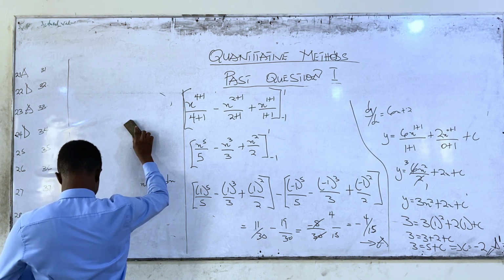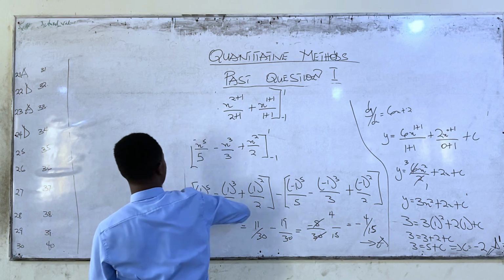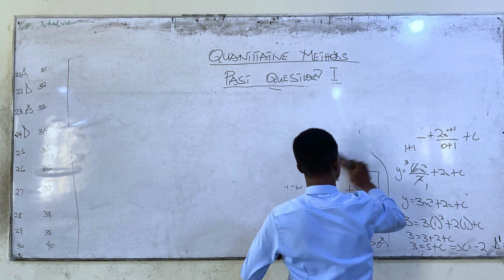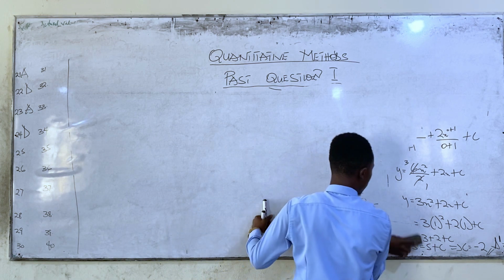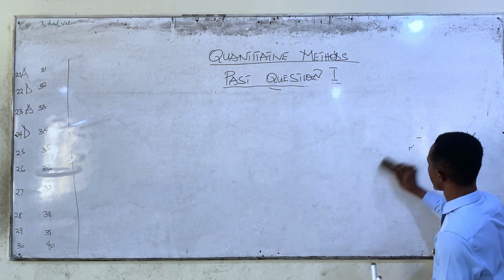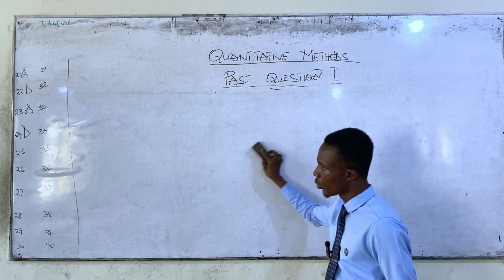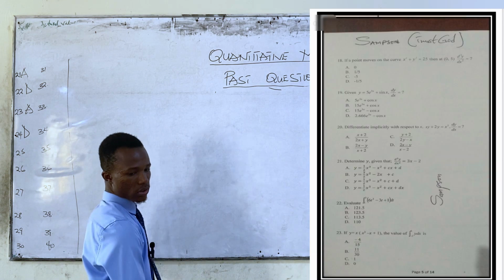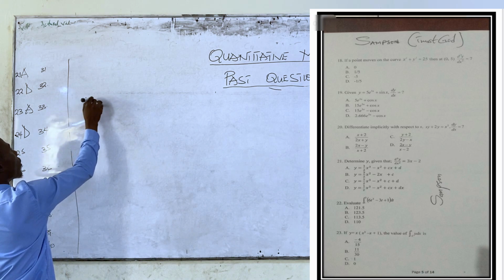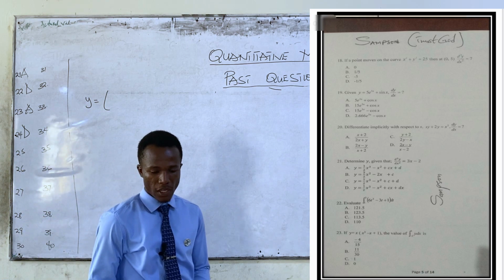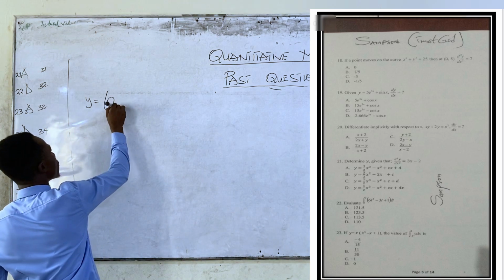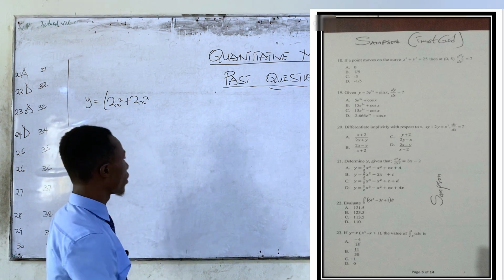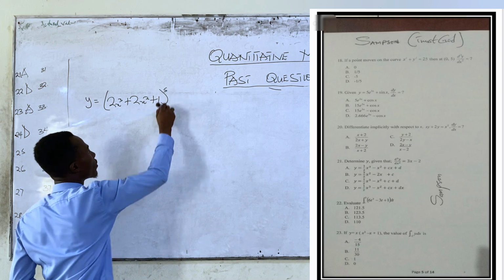Question 25. Okay, so question 25. Given that y equals 2x cubed plus 2x squared plus 1, all exponent 5.